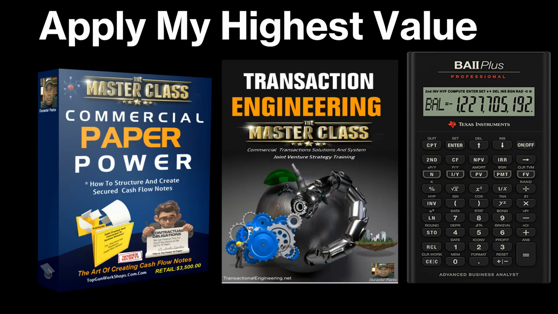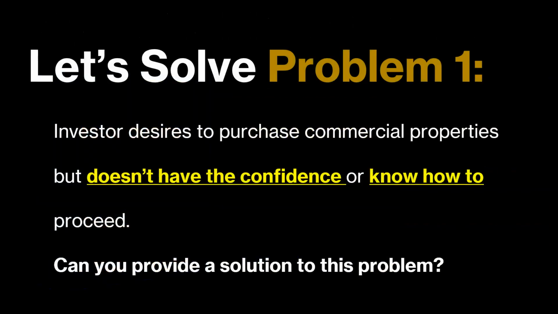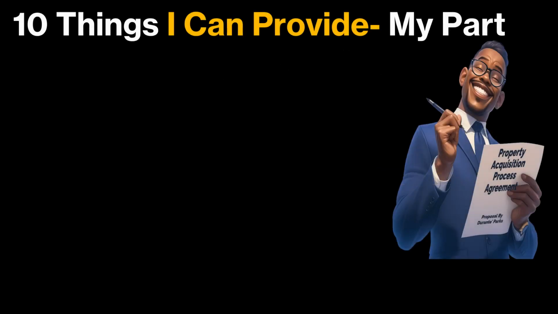I also integrate all of these strategies and information into my value pack. All right. So let's solve problem 1. Remember what the problem is. He doesn't have the confidence or know-how. How can I get him the confidence? Well, the 10 things I'm going to provide to fix this problem, I will be smiling, I assure you.